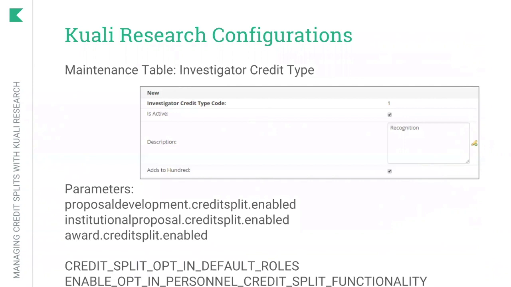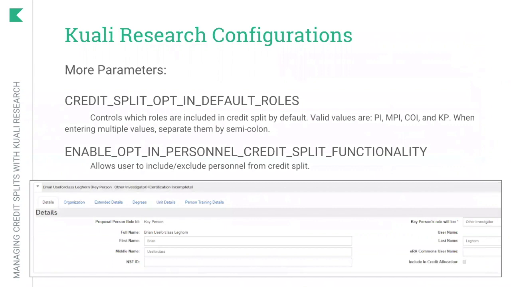There are a few parameters that I listed out here. We do have credit split enabled in proposal development, institute proposal, and award, so that it does carry through from each of those to the next module as something is moved through. The next two parameters I'm going to talk about in a little bit more depth on the next screen: credit split opt-in on default roles and credit split opt-in on personnel credit split functionality.